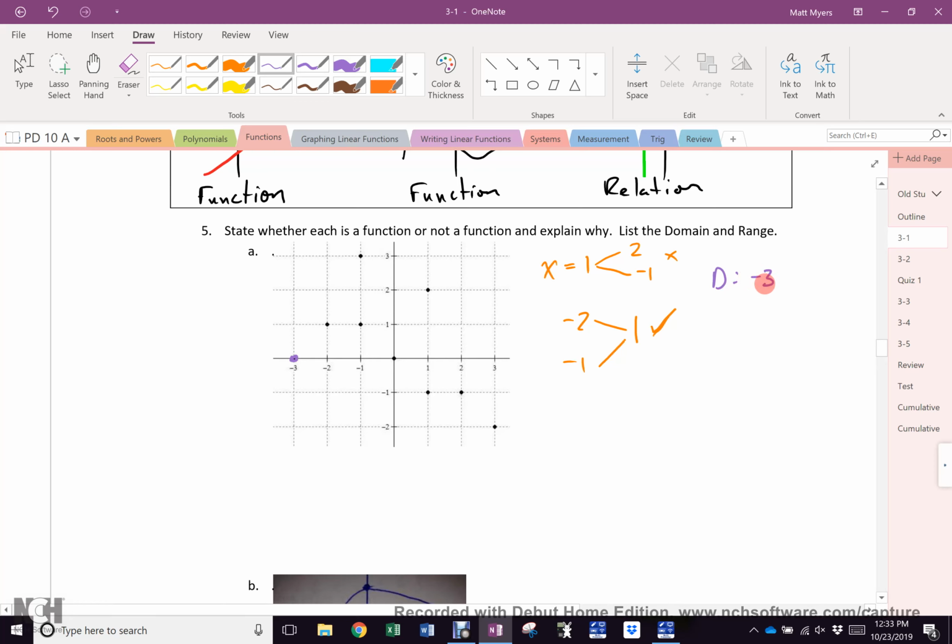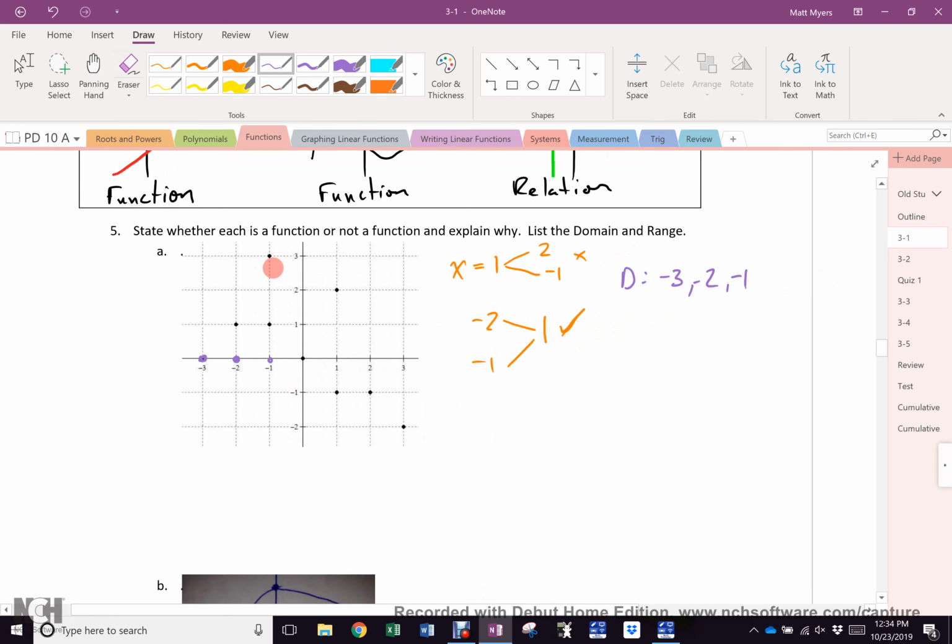What is my next x value? -2. Are there any x values between them? No. What is my next x value? Do I need to write it twice because I have 2 points there?